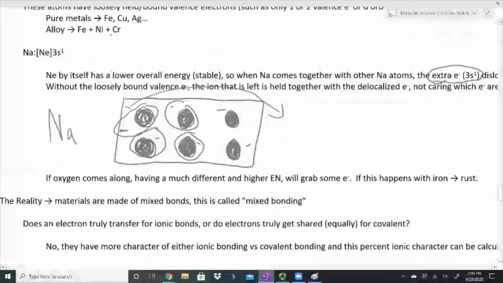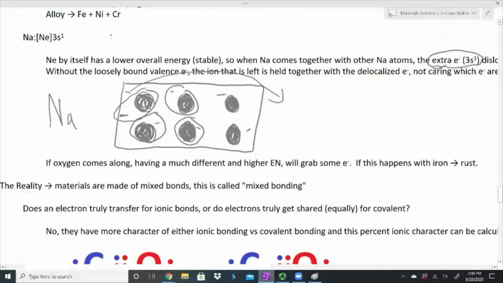So oxygen comes along and it's very electronegative, which means, here's my oxygen, big O for oxygen, it wants some of these electrons. It's going to bond into here and it's going to pull these electrons closer towards it.